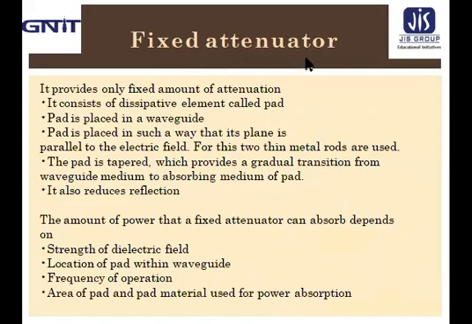Here this is a fixed attenuator. There are some properties of fixed attenuator. It provides only a fixed amount of attenuation. It consists of a dissipative element called a pad, and that pad is placed in a waveguide.